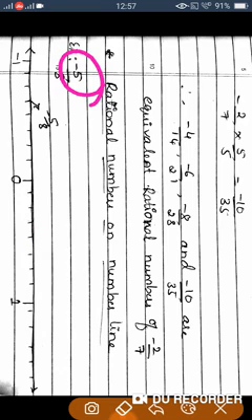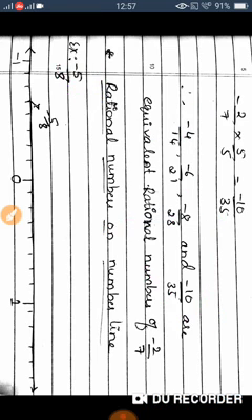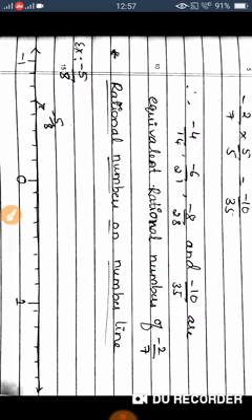Minus 5 is there. See, positive means from the 0 we can go to the right side. If it is a minus, we go to the left side. In the same way we count from 0 to here as minus 5: 1 2 3 4 5. So the fifth one is minus 5 by 8.